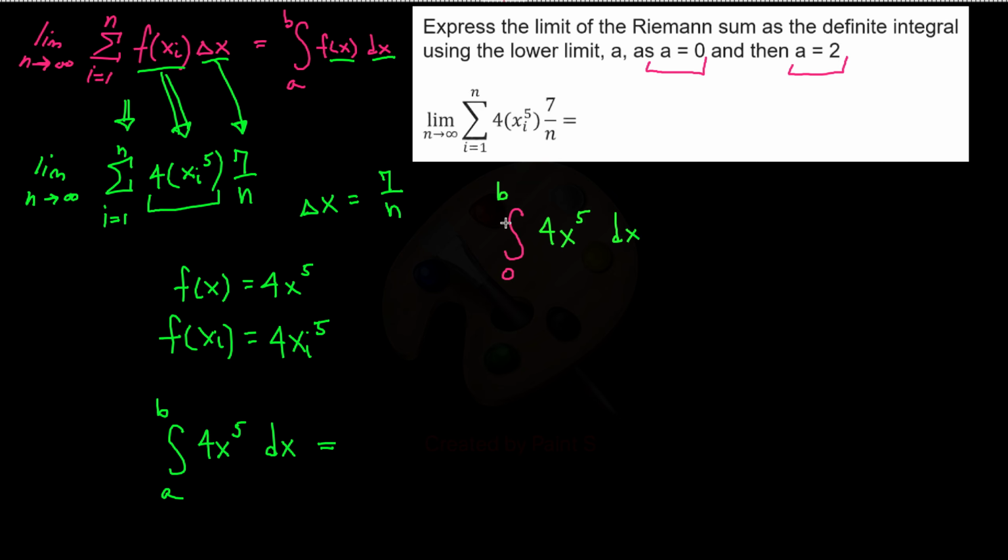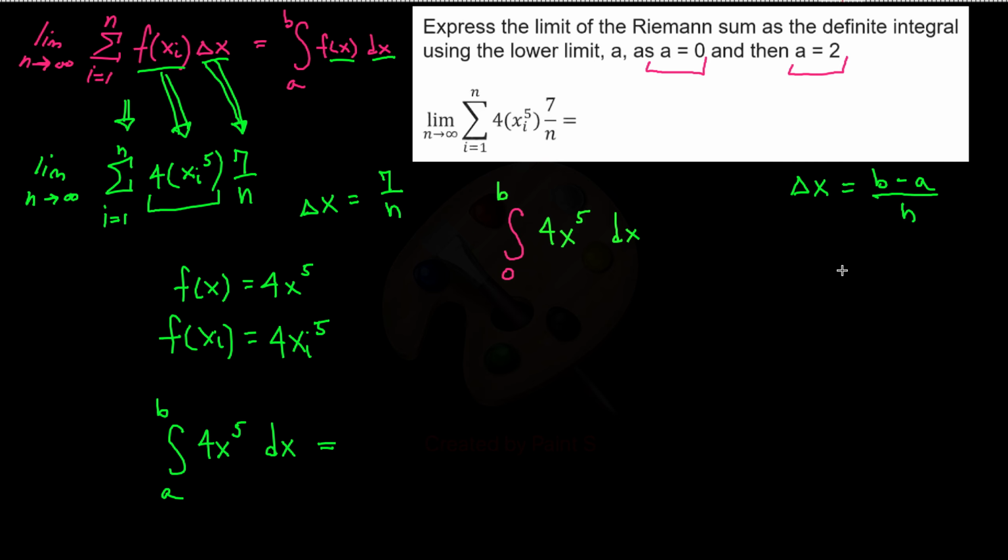Now my key is that I just need to get the upper bound, b. I use the fact that I know what delta x is. Delta x is 7 over n, and I also know that delta x is equal to b minus a over n.